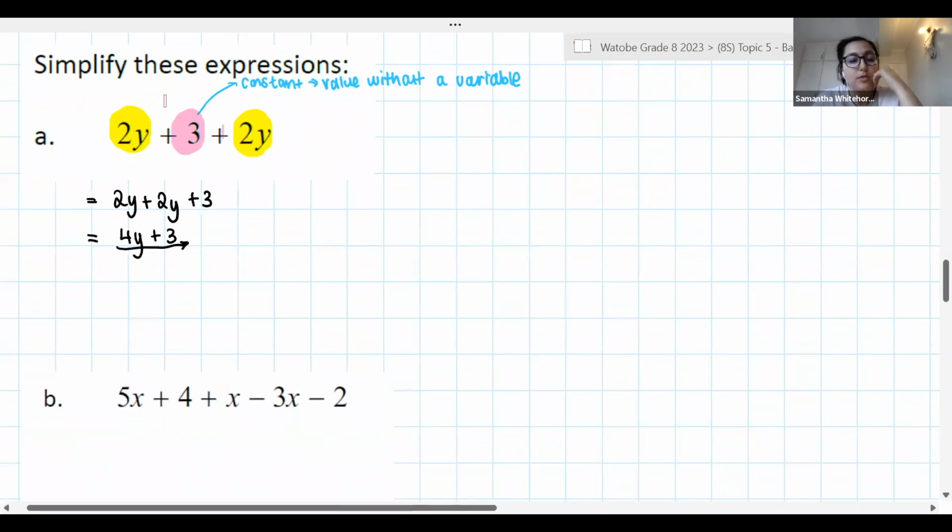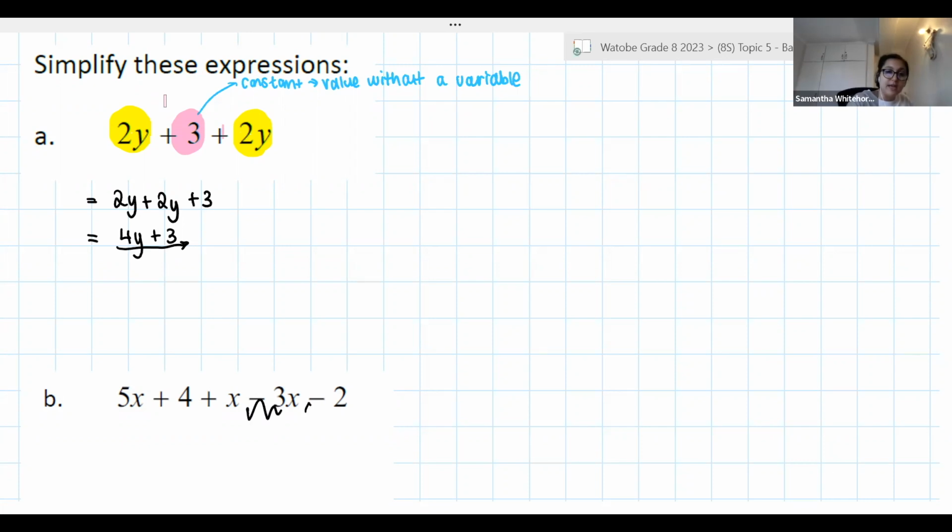So look at which terms are like terms, decide which terms you can add based on whether or not they're like terms, and simplify that expression for me. You can put your answers in the chat and then I'll ask for hands in a second, but I don't want any hands just yet. And guys, what I need you to take note of is that you've got a negative 3x and a negative 2. So just take note of the signs that you have in your expression.